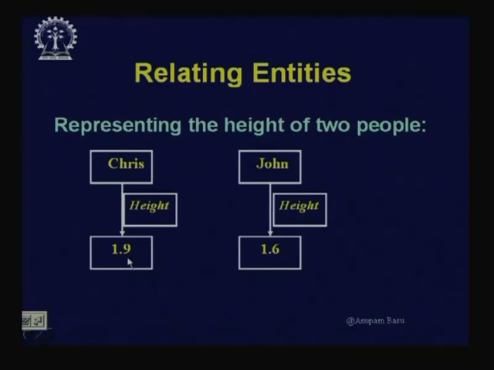The heights might be in meters or whatever, these are the values, but again in semantic nets we are not making any distinction between the types of the concepts, and these two concepts are linked by the relationship height.